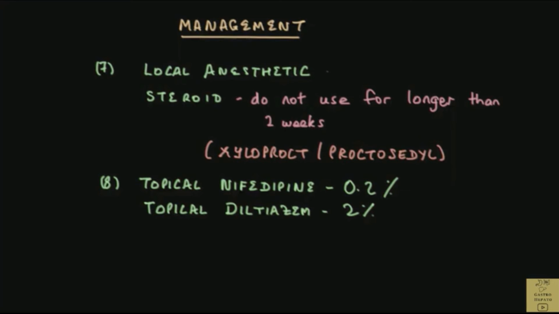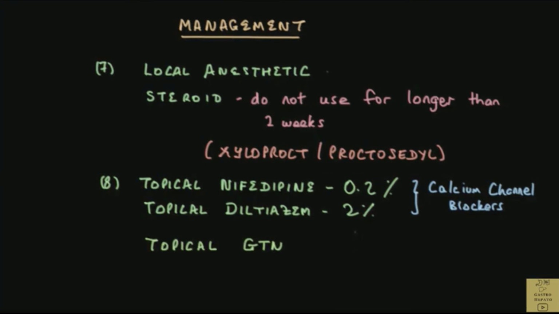Topical nifedipine in the form of a cream or ointment or topical diltiazem 2 to 4 times a day can help to relax the anal muscles and increase blood flow. These drugs are called calcium channel blockers. An alternative is topical GTN or nitroglycerin 0.2%, which also relaxes the muscle.